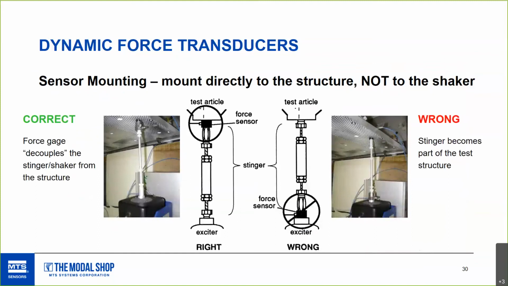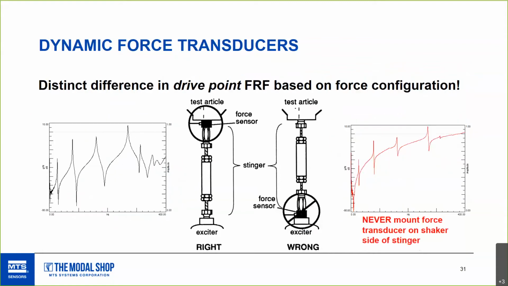Like I mentioned before, you don't want to measure the stinger's effect. You just want to know what force the shaker is actually applying to the object under test. So we'll just keep hammering this point home. You can see here what kind of effects you can see in your data if you're mounting the force transducer on the shaker side of the stinger instead of the test article.